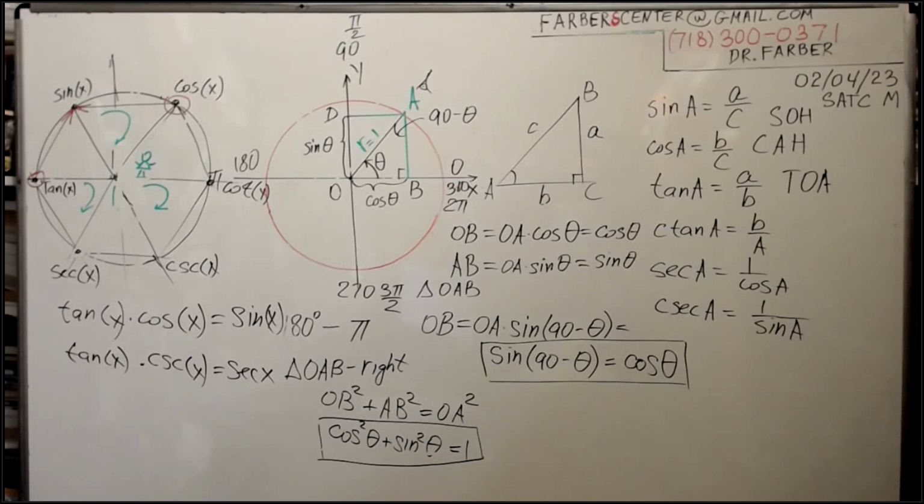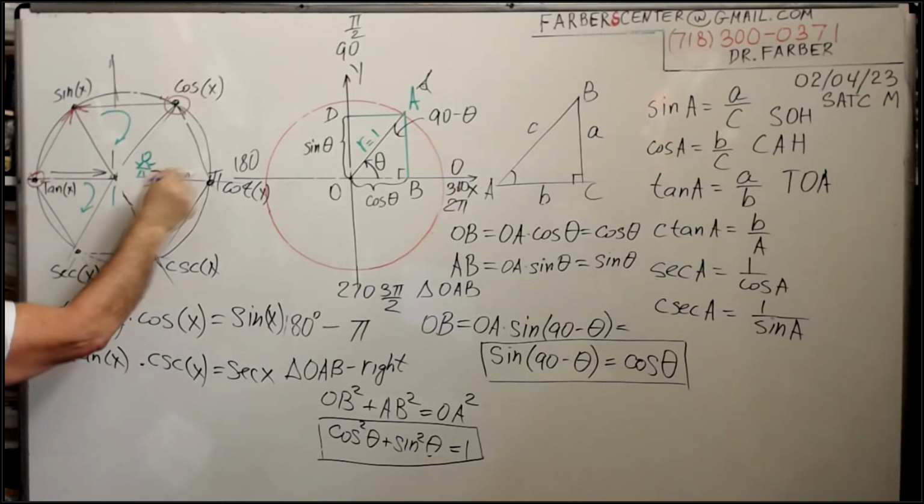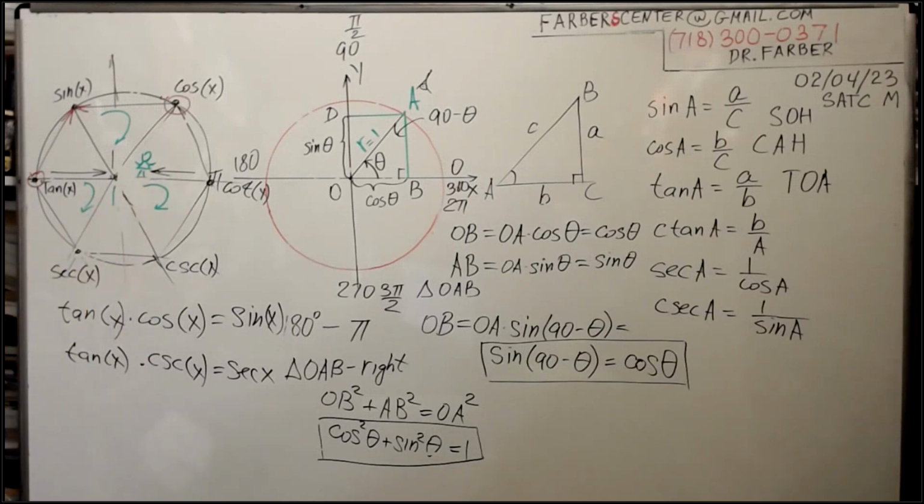Or you can make other vectors. For instance, I give an example of this. Only an example. If they move this direction, look, I use a black arrow. It also works for any pair. You can write tangent of x multiplied by cotangent of x equals what? 1.